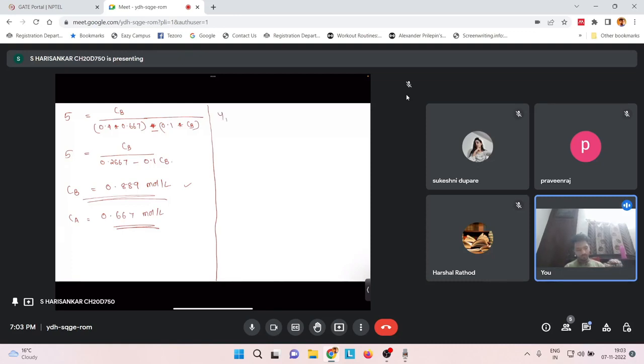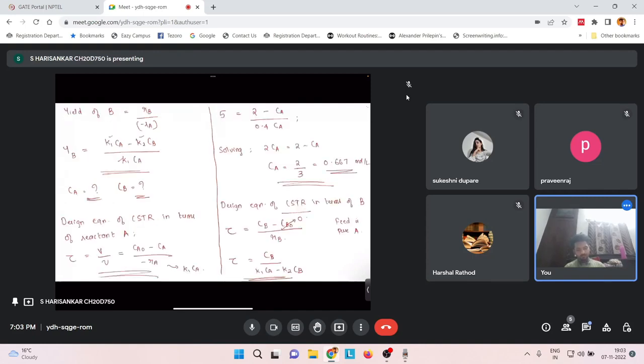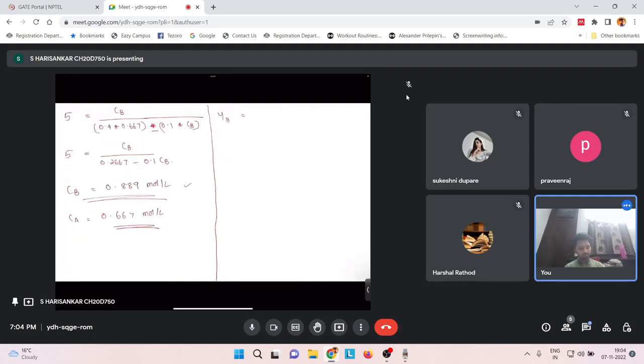So yield of B was minus Rb by minus Ra. That is K1 Ca minus K2 Cb by K1 Ca. So YB is K1 Ca minus K2 Cb by K1 Ca. Now substitute all the known values here.